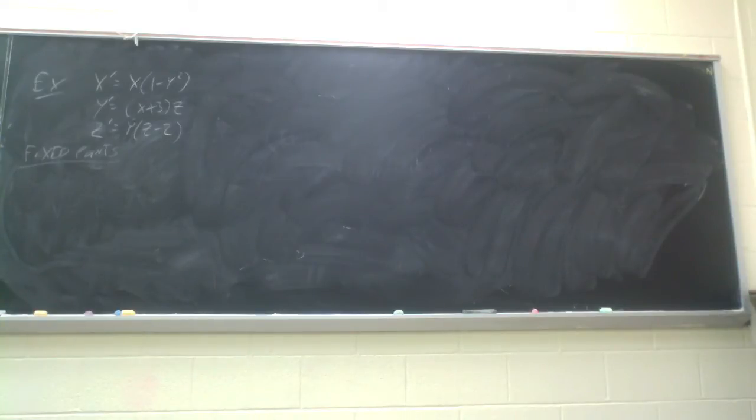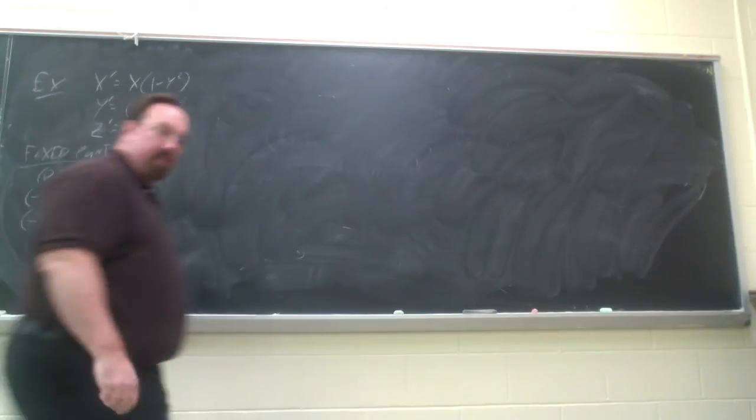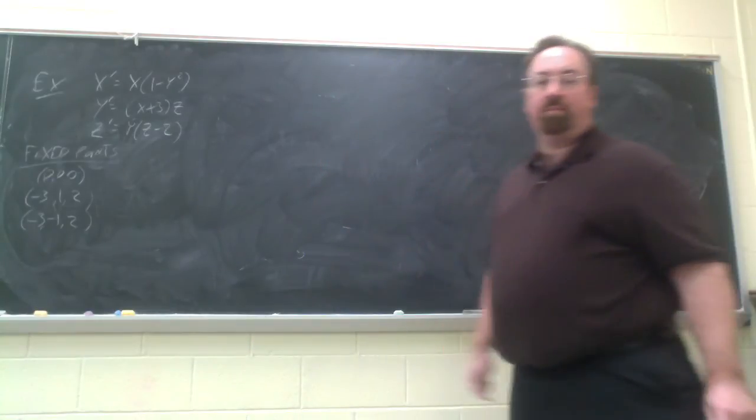Because x prime, y prime, and z prime would all be 0. 0, 0, 0. Yes, that works. All right, your turn. Well, y is 1, and x is -3, and z is 2. And another is y is -1, and everything is the same, because it's the y squared thing. Okay, so those would be fixed points.